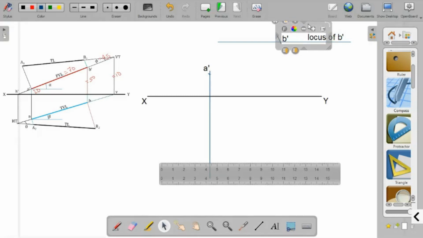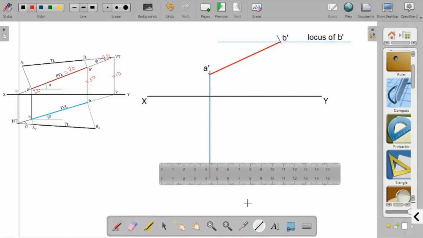Now you can join A dash with the B dash. This is our front view.